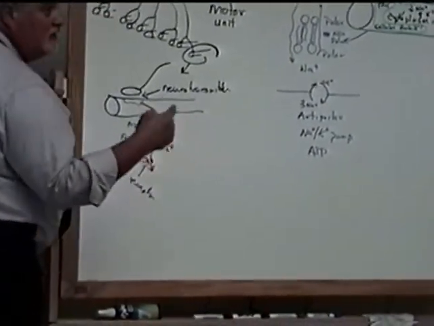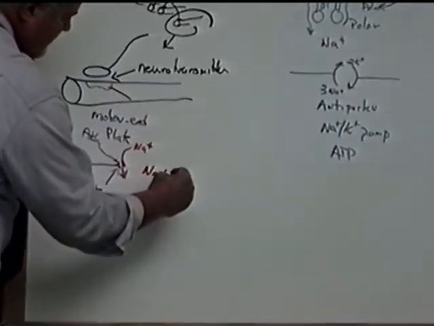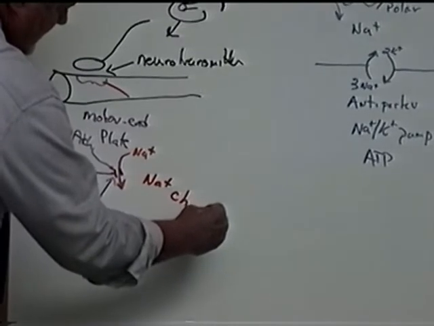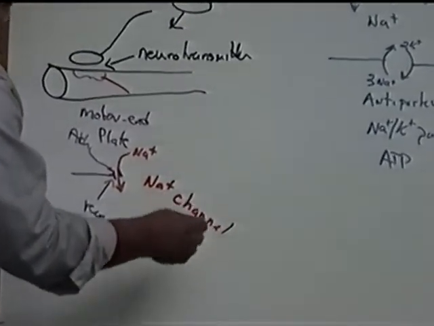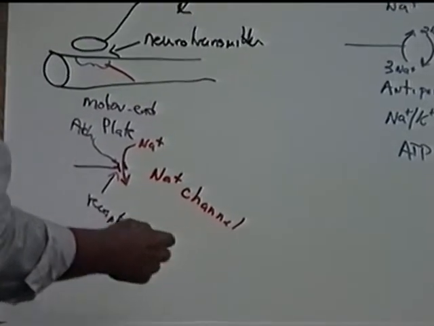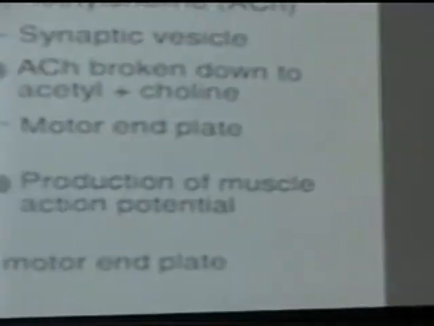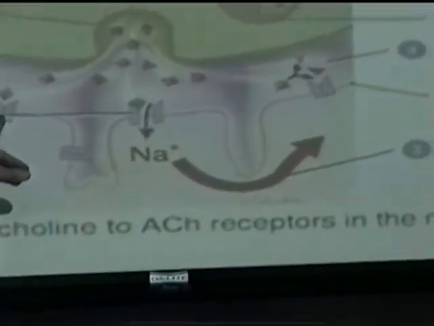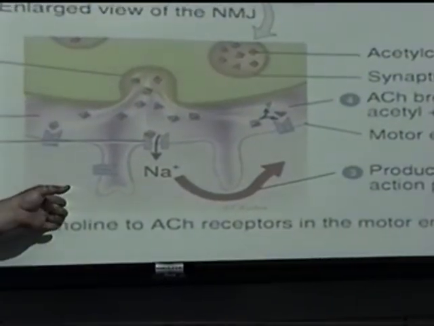And since it allows sodium to move, we say it is a sodium channel. What we can do with a sodium channel is open it or close it. Before acetylcholine binds with it, it is closed, and if it's closed, sodium can't pass through.